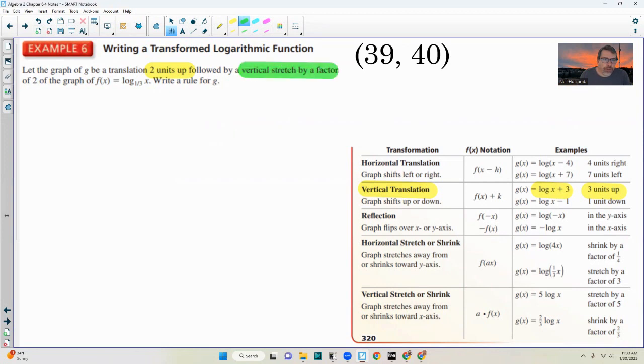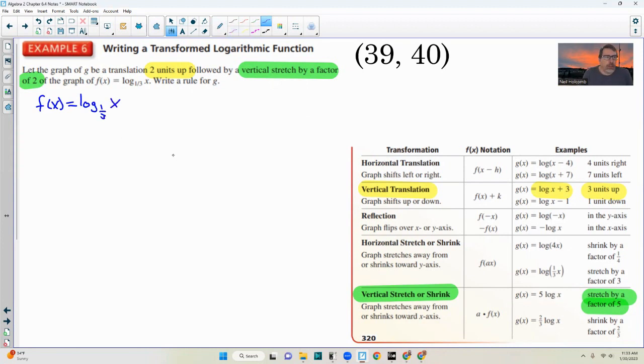Then it's a vertical stretch by a factor of 2. I'm going to name that g of x. So f of x, the original function, equals log base 1/3 of x.